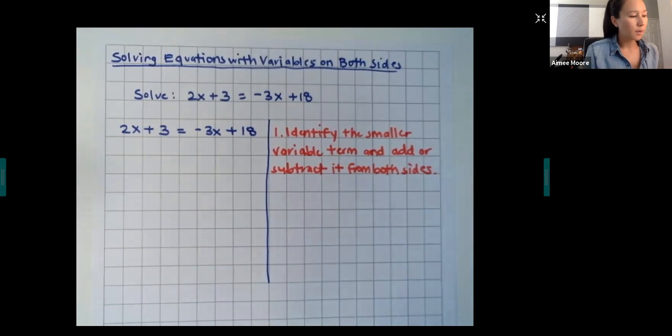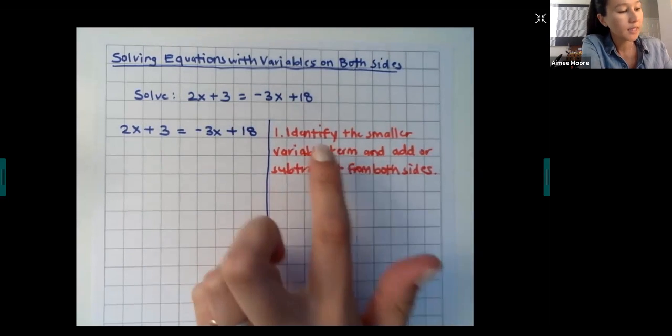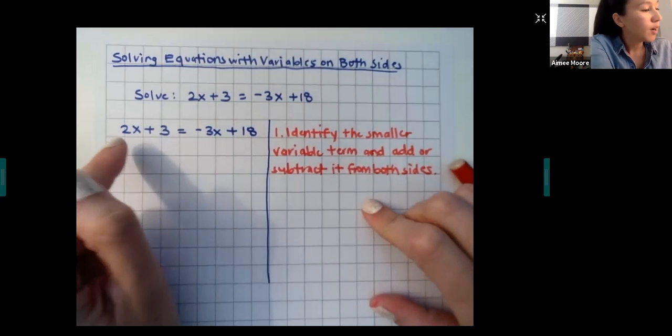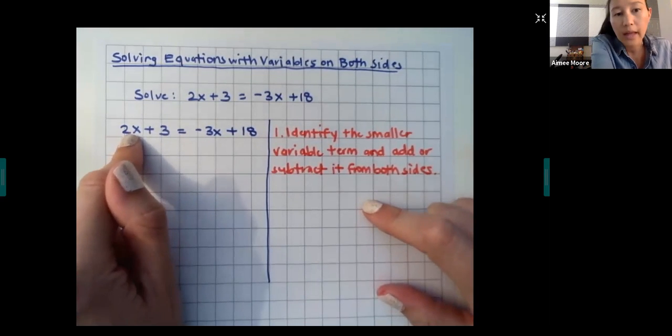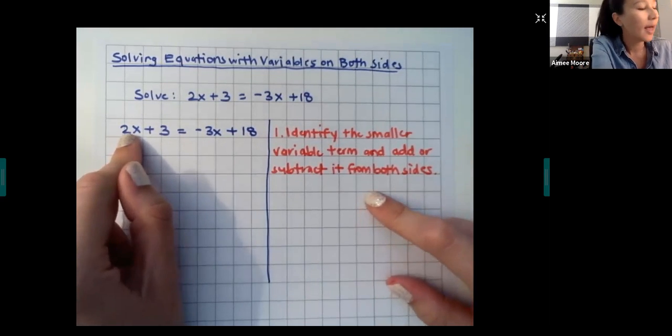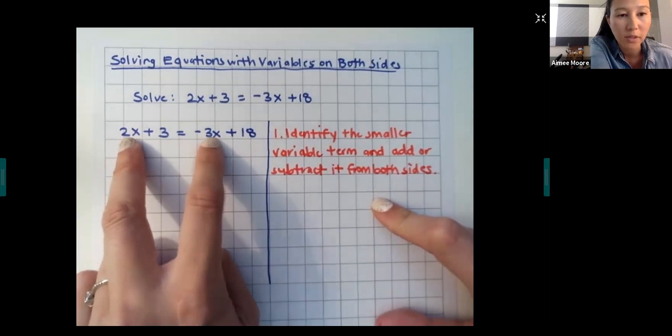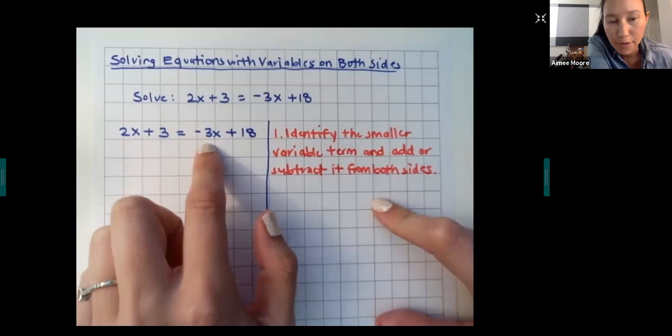This is the easiest way. So it gives you the easiest math. When I say identify the smaller variable term, the variable terms are the ones with the x's or the letter. So it could be an A or an M or an X. In this case, it's the X. So these are our two variable terms, 2x and negative 3x.